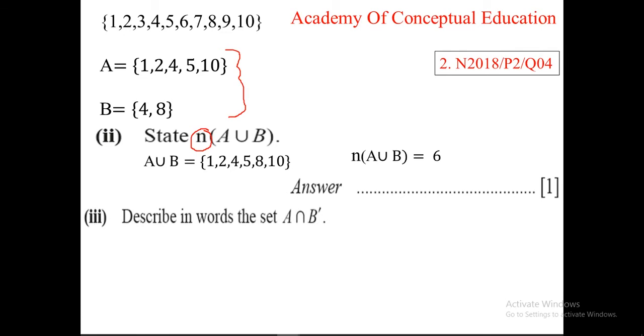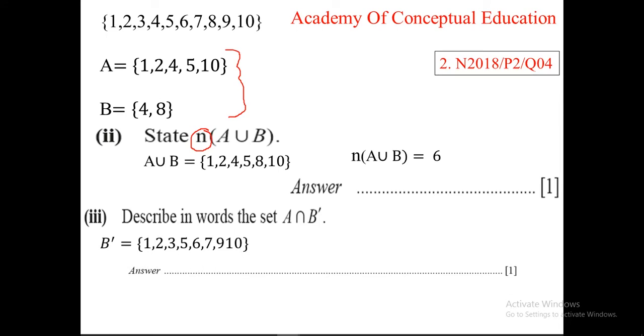Now in the third part we have to describe in words the set A intersection B complement. Now first of all we have to find these sets.